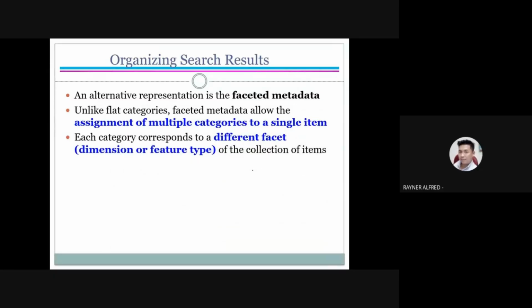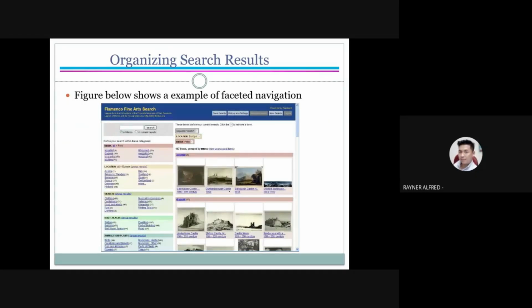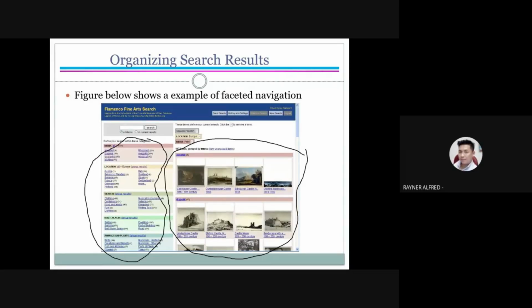Another way is to represent them using faceted metadata. Unlike the flat category, faceted metadata allows the assignment of multiple categories to a single item. So for example, like this, we can organize them based on images, or we can organize them based on text.